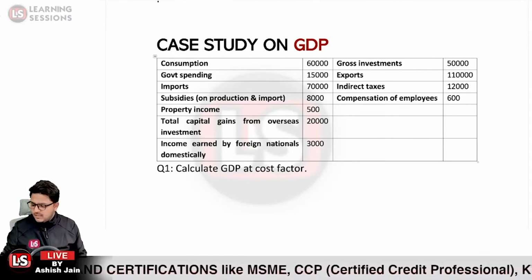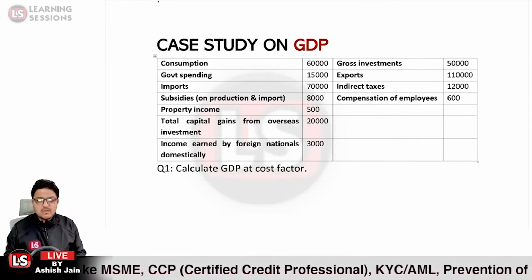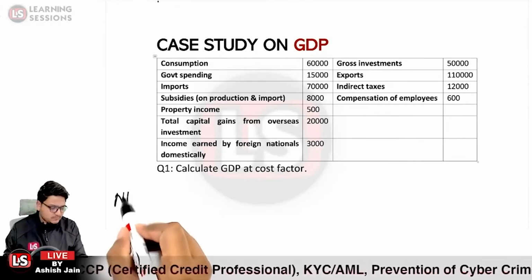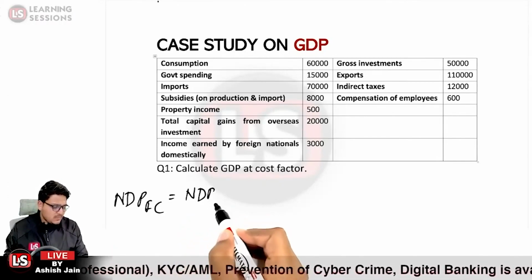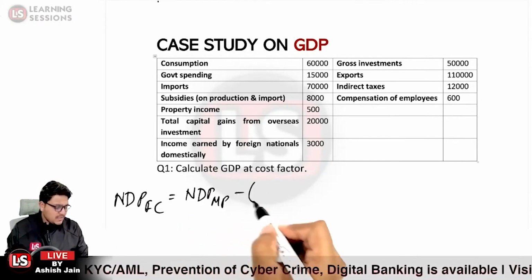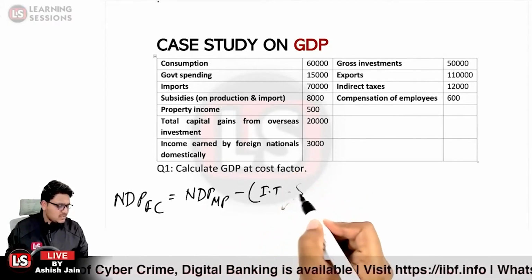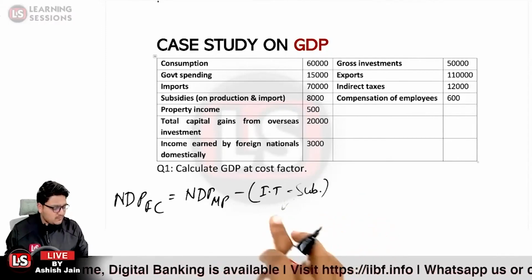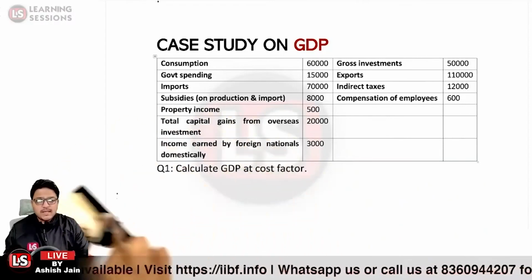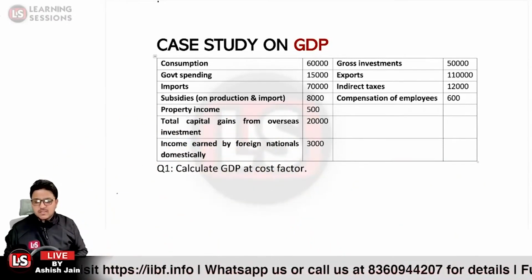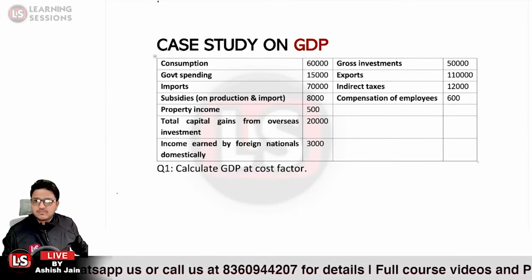If you remember, when we learned the concepts related to NDP at factor cost, I told you that NDP at factor cost is equal to NDP at market prices minus the indirect taxes plus the subsidies. That formula we need to apply in this question itself. So kindly answer at the earliest related to this particular case study.